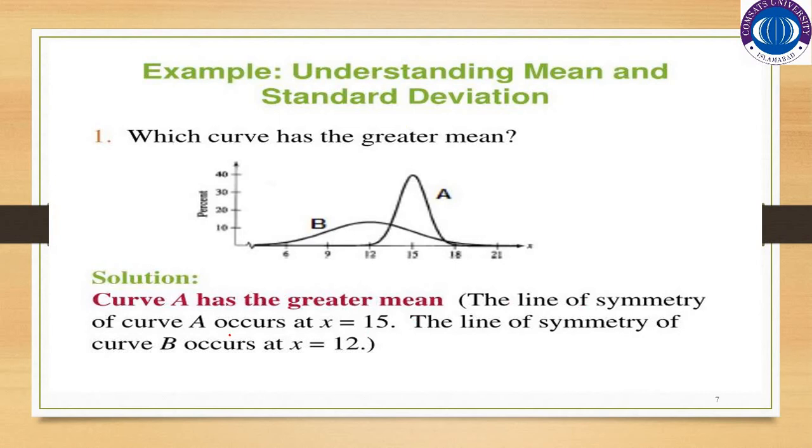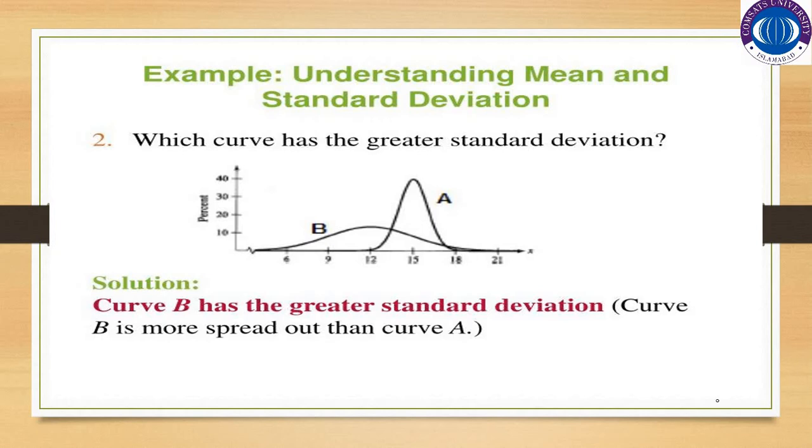The line of symmetry of curve A occurs at 15 and the line of symmetry of curve B occurs at 12. So this is the line of symmetry, here x is equal to 15, and this is the line of symmetry for curve B. So 15 is greater than 12, so it has the greater mean.